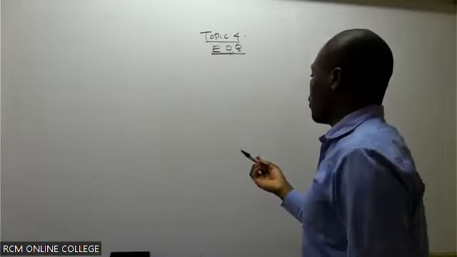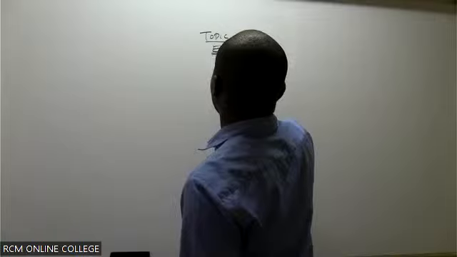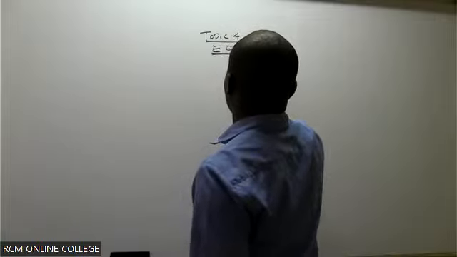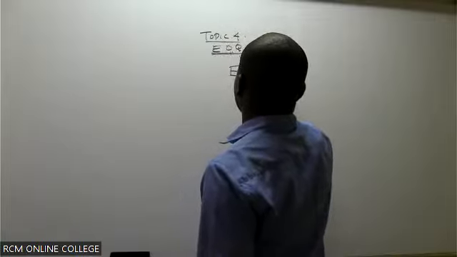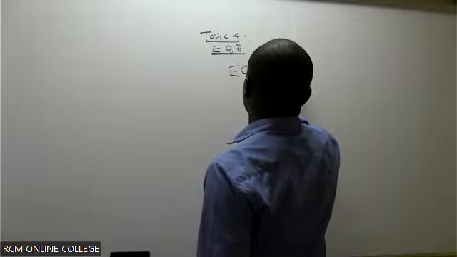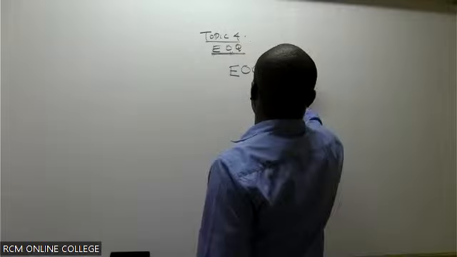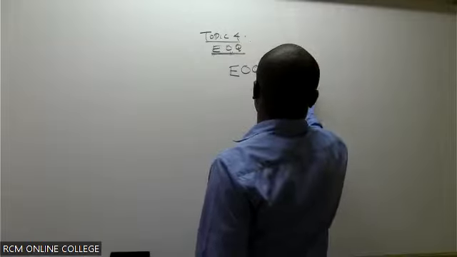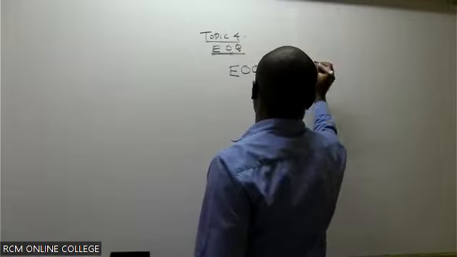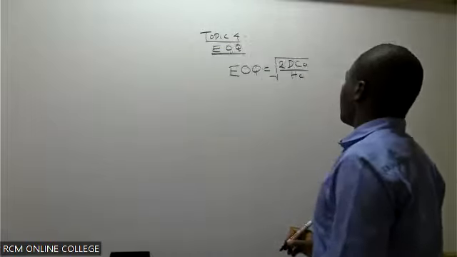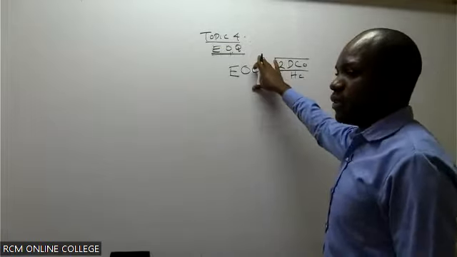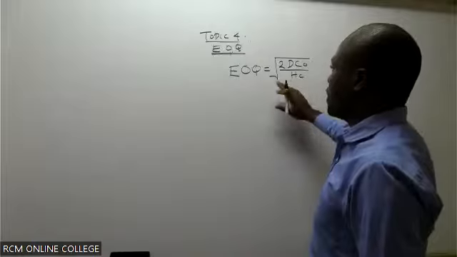So here, the economic order quantity is equivalent to root of 2 times demand times ordering cost divided by holding cost. Someone is already wondering, how do we arrive at this particular economic order quantity as a concept?